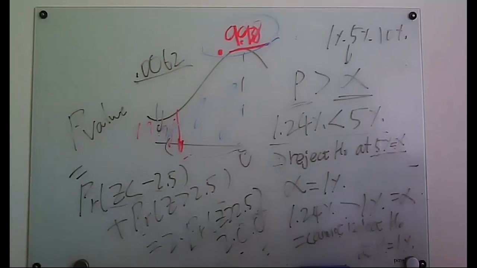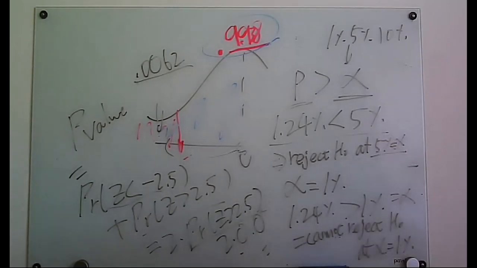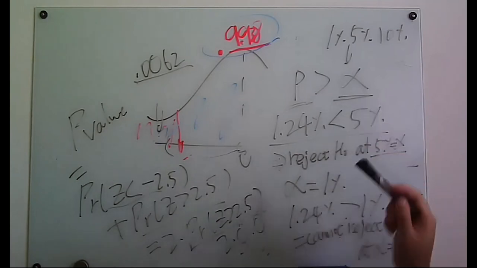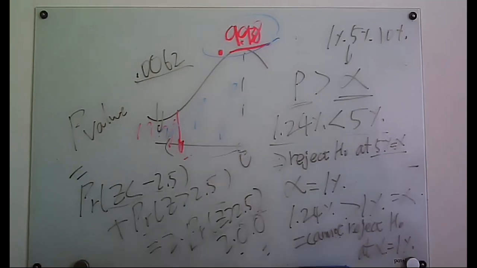This is your conclusion. So based on the selection of alpha, sometimes you can reject, sometimes you cannot reject. This would be a wonderful example. This can potentially be your exam question. So please go back and study until you understand. If you have any question, always let me know, okay?